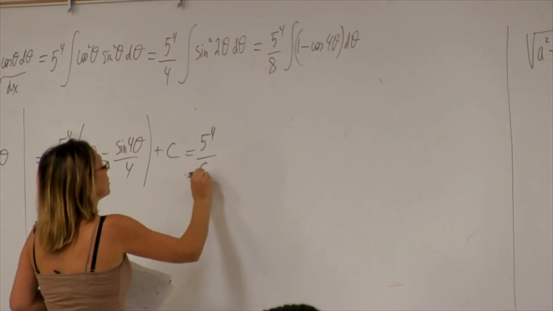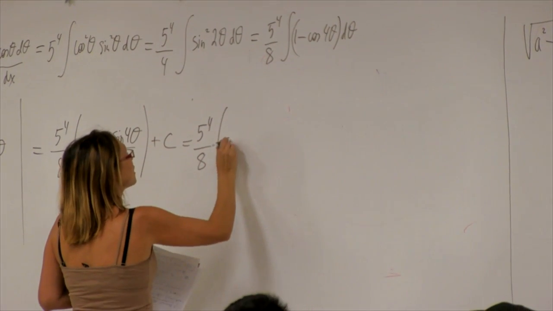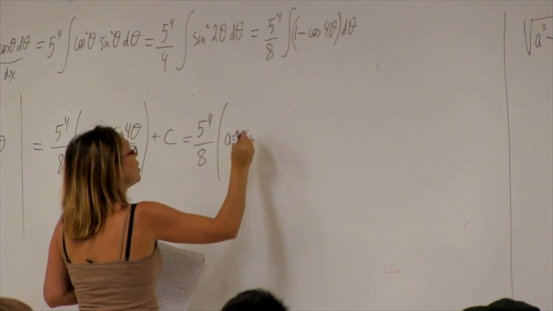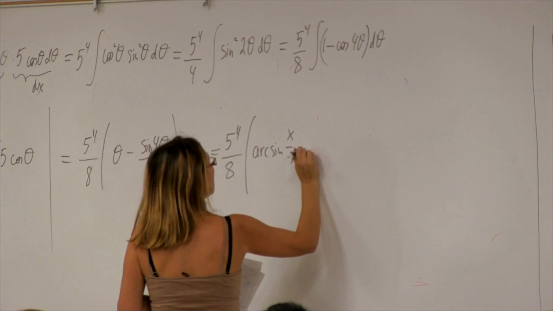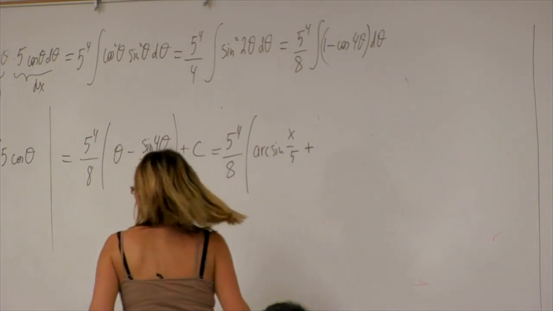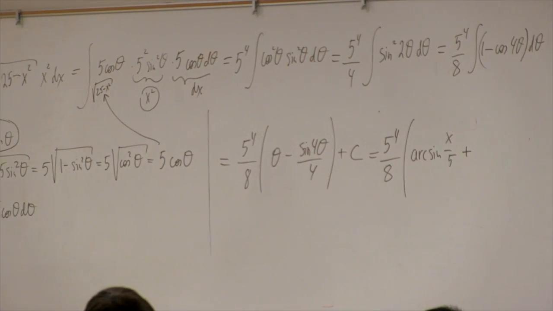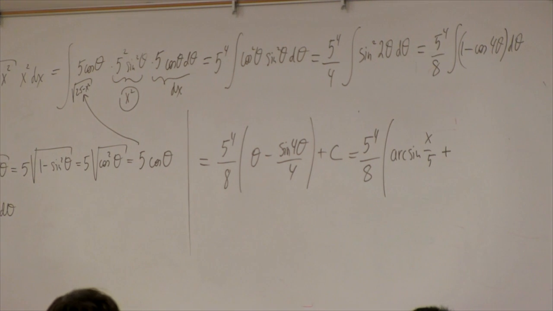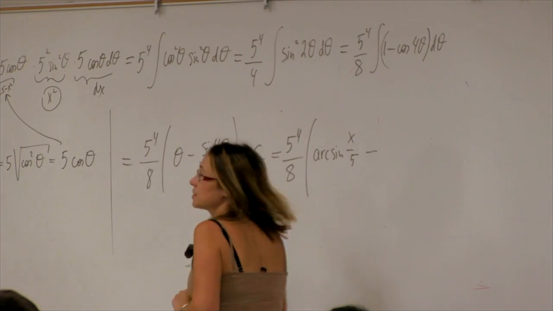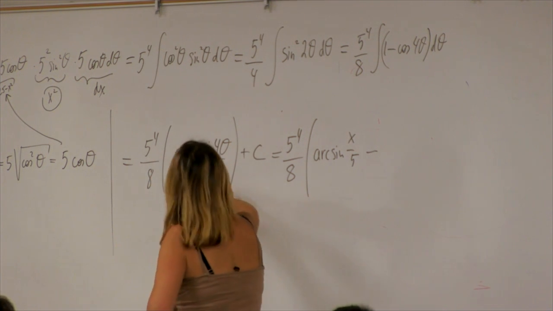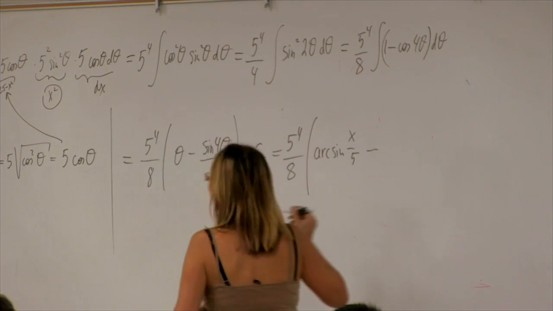5 to the 4th over 8 arcsine of x over 5, minus 1/4 times 4.